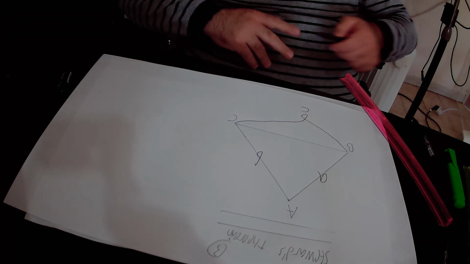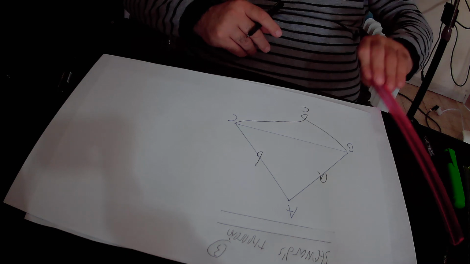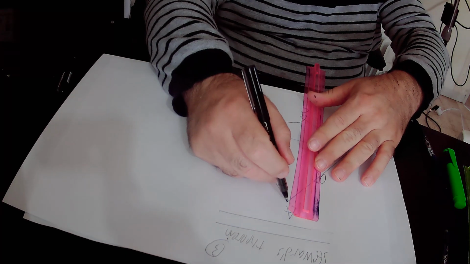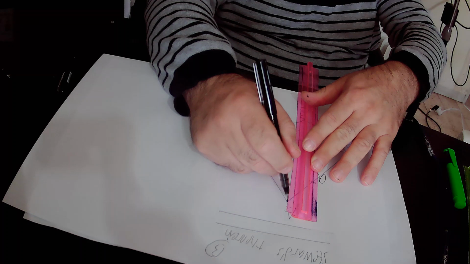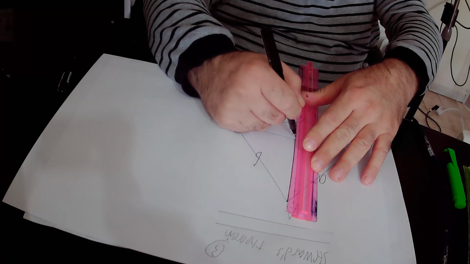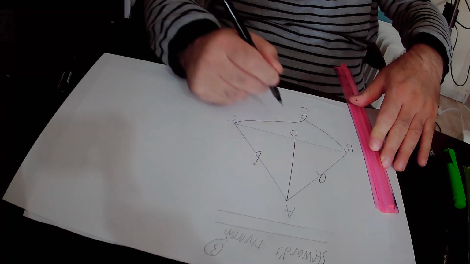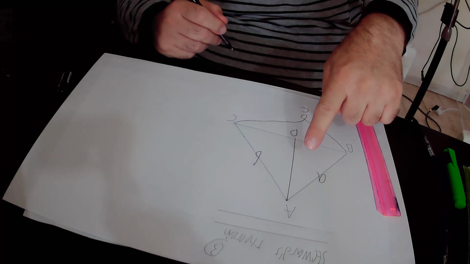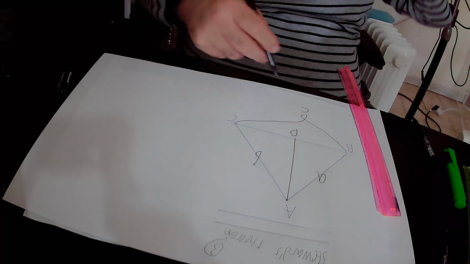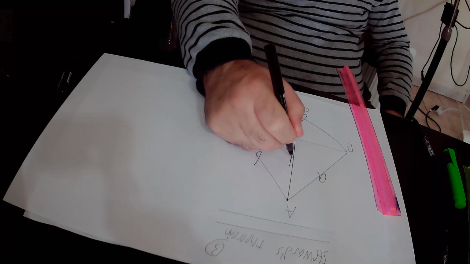And we have here line segment AD. This is line segment AD, and the length of this line segment AD is equal to D units in its length.